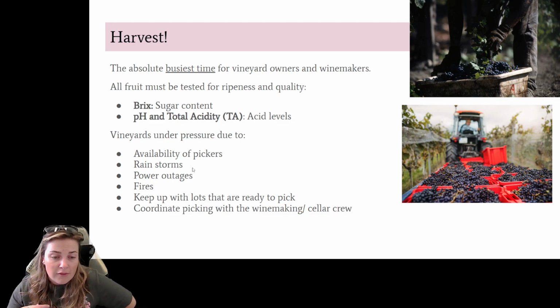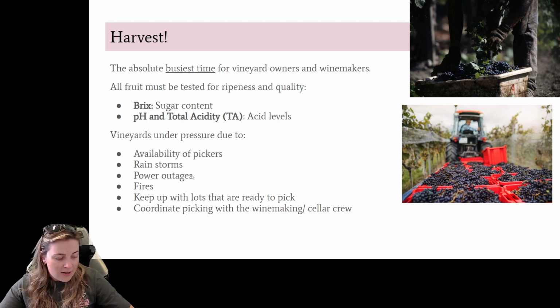It could cause a lot of mildew and potential decomposition of the grapes, right? Also, power outages are not fun, even though tractors are mostly run on fuel still, and there are some electric ones around. We still need electricity to process the fruit, to keep it cool and to keep it safe after it's been picked, right?